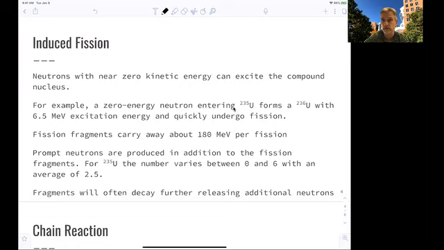Depending on the specific decay process, the number can vary between 0 and 6, and for uranium-235, the average number is 2.5. The fragments might then undergo additional decay processes, maybe beta decays, alpha decays, and when they do that, they can also release additional neutrons.